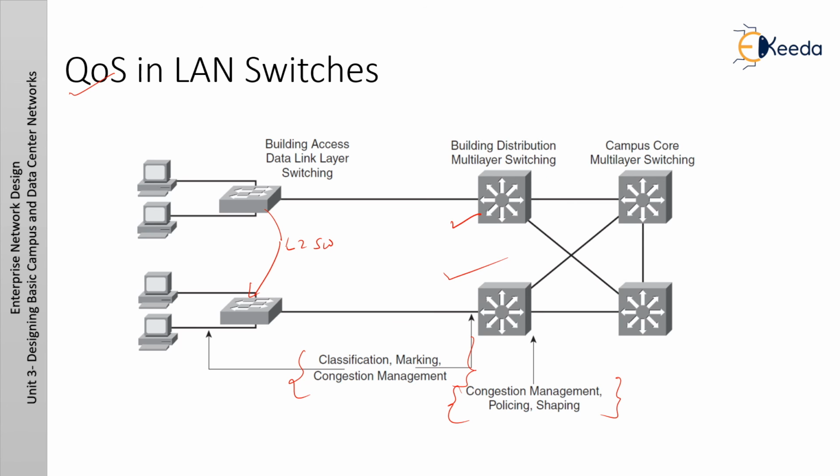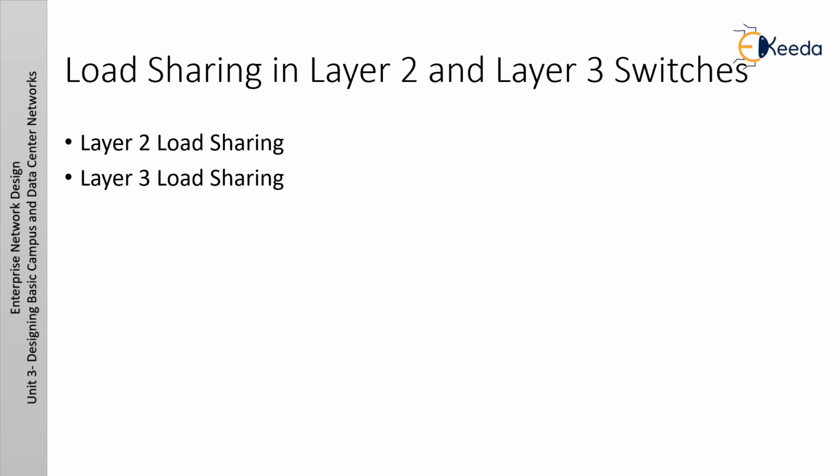So policing is associated with multi-layer switches, or the distribution layer. So we have shown that multi-layer switches are used for congestion management and policing and shaping also.